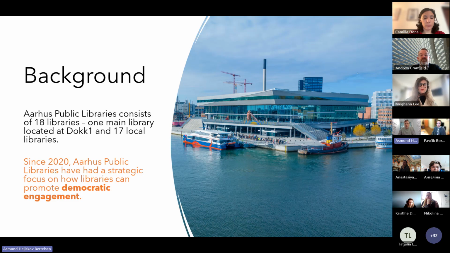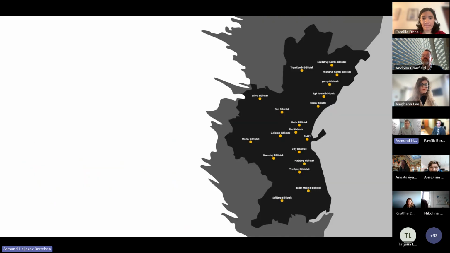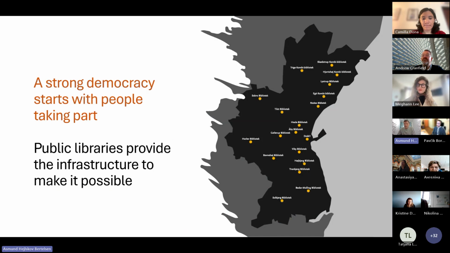And we do so at all of our 18 libraries. Our main library, as you see in the picture here, is called Dok1, and we have 17 local libraries besides that. We work across all 18 libraries on how to promote democratic engagement, and we have been doing so for the last 6 years.